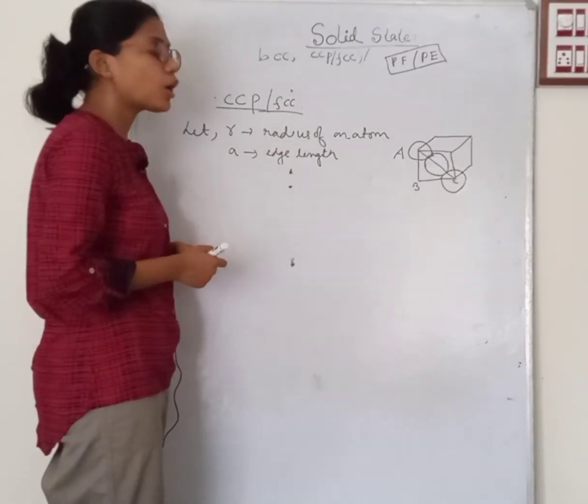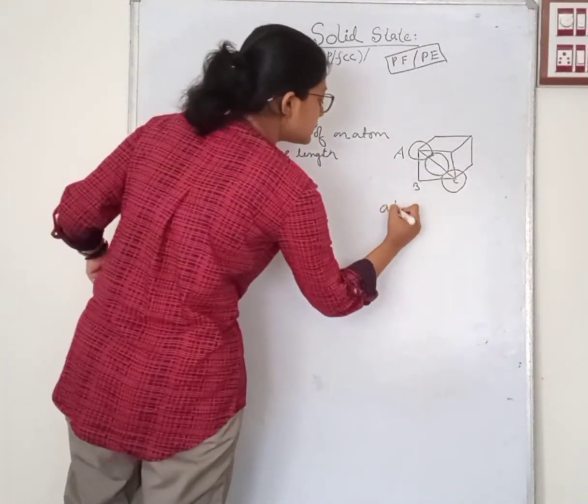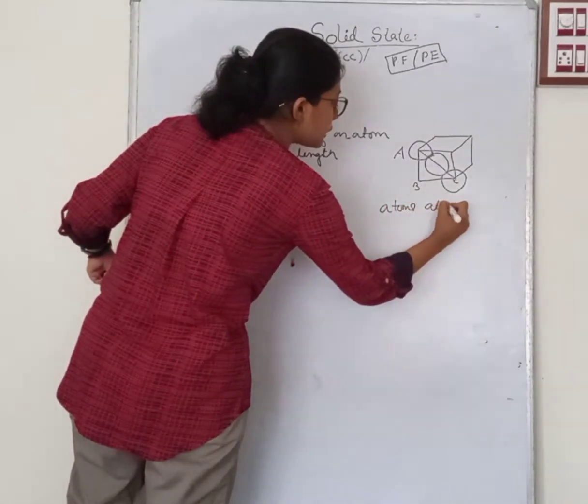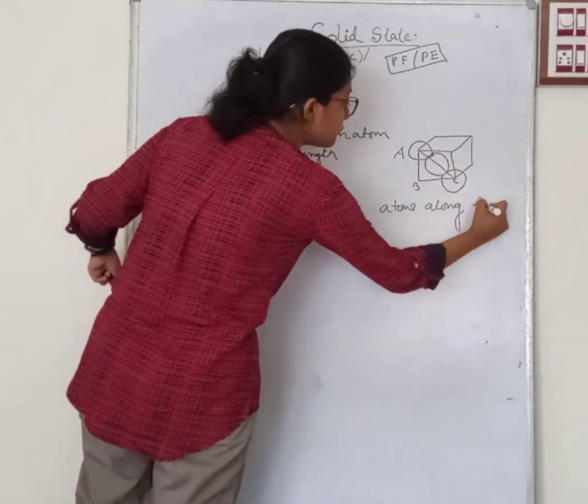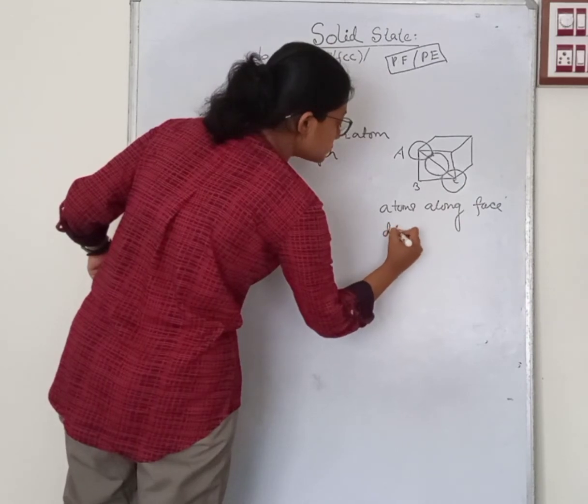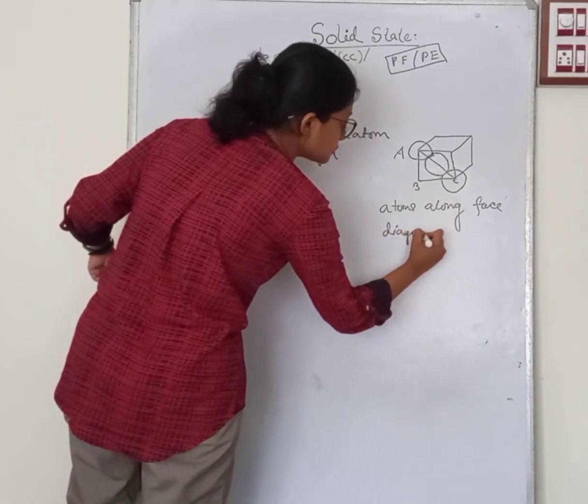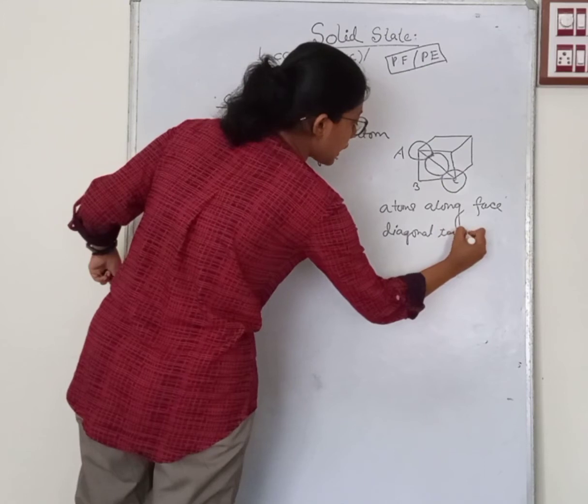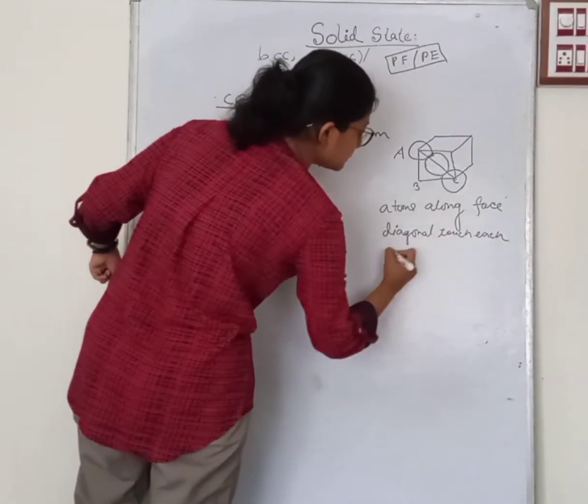So for CCP or FCC, the atoms along the face diagonal touch each other.